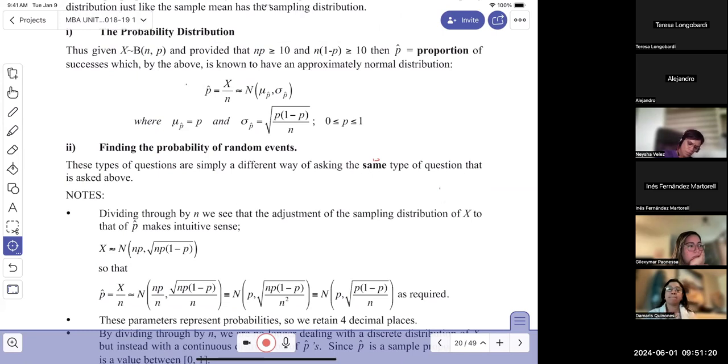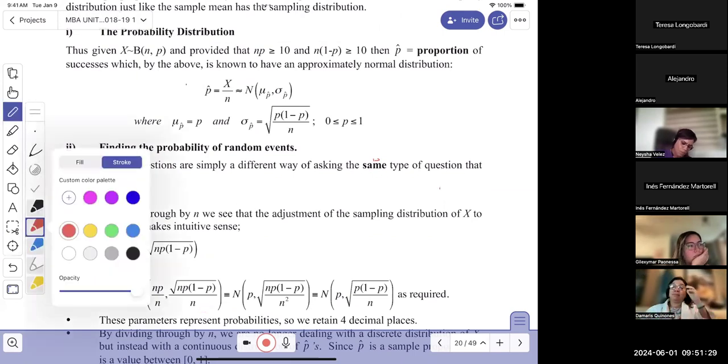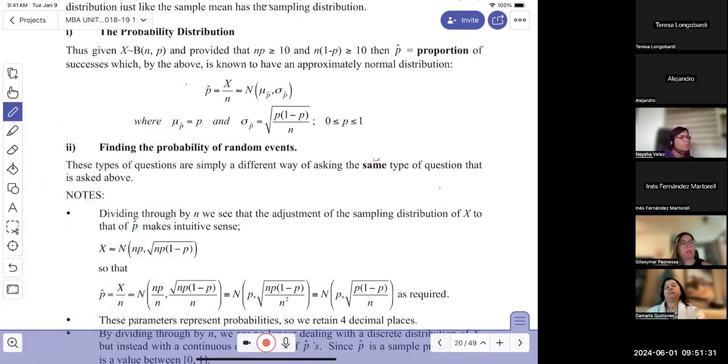So all I'm going to do is take this one, divide it by n, and this one divide it by n. And what do I get? These cancel and make np.